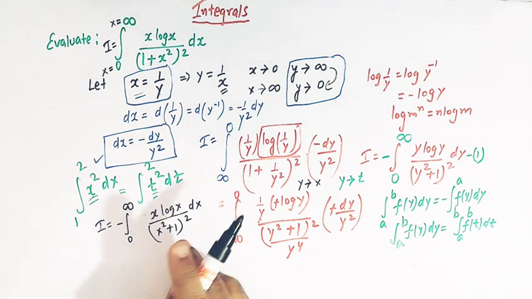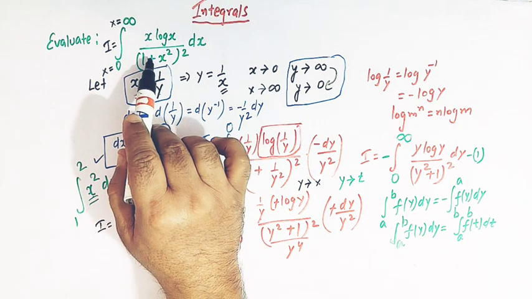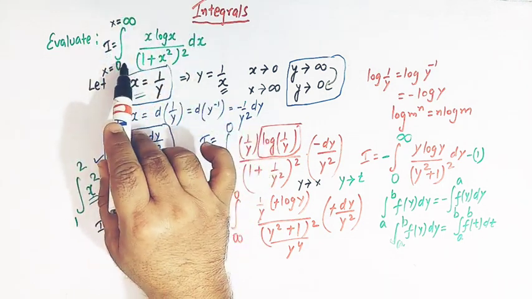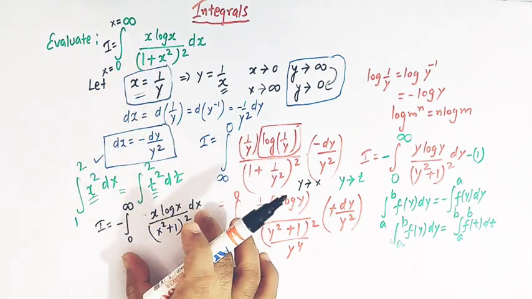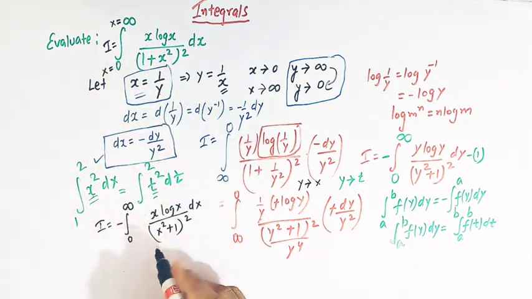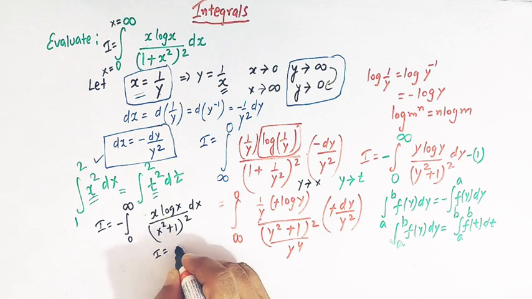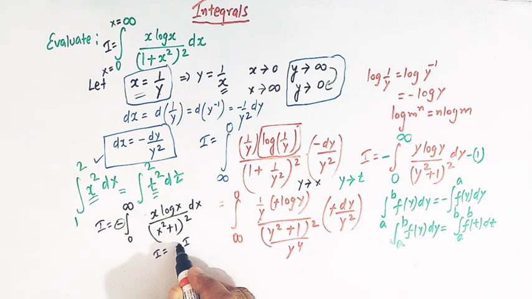So now we can see that this is our original integral, right? So this integral is our original integral. So we have I is equal to minus of I, right? So here this is our negative sign, and this integral is our original integral I. So we have the equation I is equal to minus I.